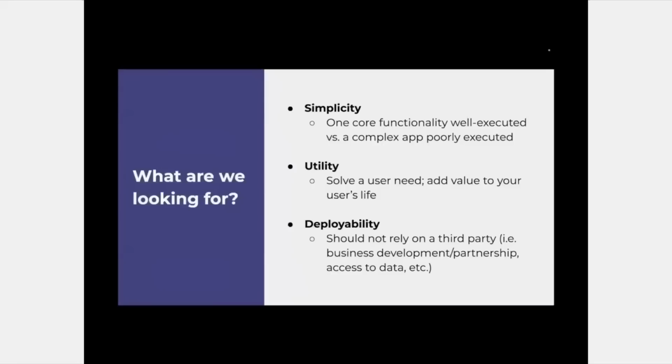So, for example, if your app were to depend on some external business development partnerships in order for this to make any sense, let's say you were building an app that was dependent on a big electric vehicle company to connect with your app in order for your app to be functional. So before your app can even be used by any user, you need to strike that deal with the electric vehicle company. And until then, it's just a proof of concept.